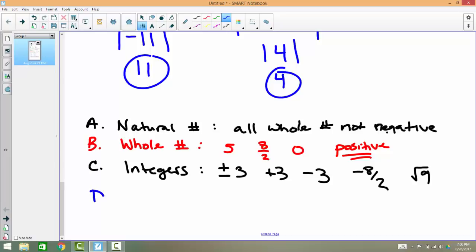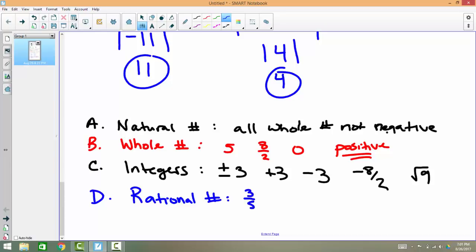Rational numbers, I'm trying to kind of get bigger as we go. So rational numbers is everything except an irrational number. So it's fractions, decimals that stop, decimals that repeat.